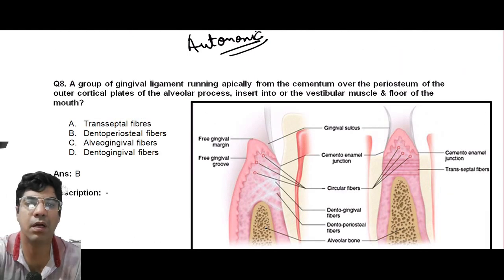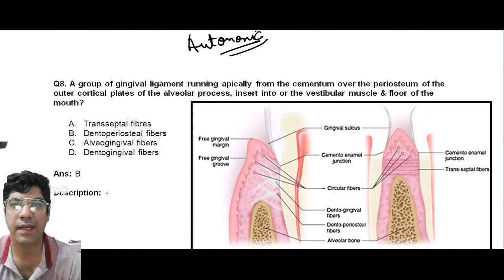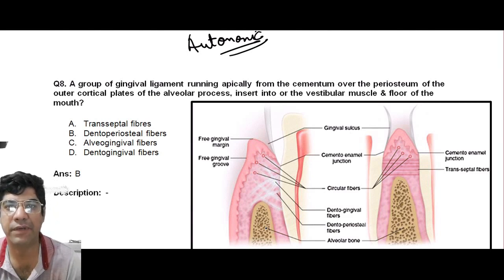A group of gingival ligament fibers running apically from the cementum over the periosteum of the outer cortical plates of the alveolar process and inserting into the vestibular muscles and floor of mouth. It is the dentoperiosteal fibers.